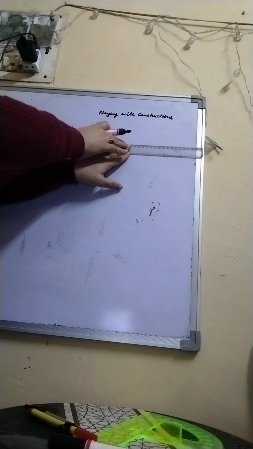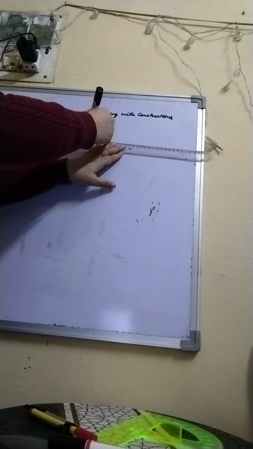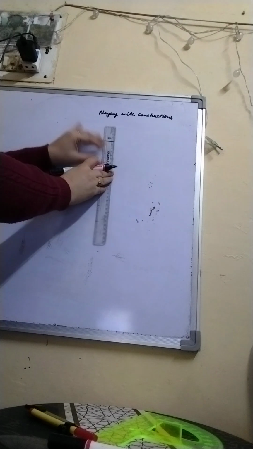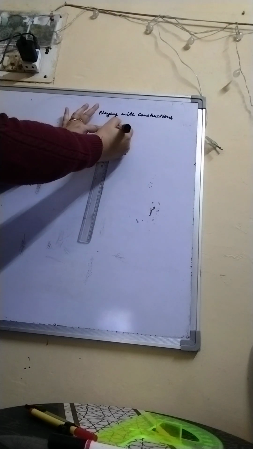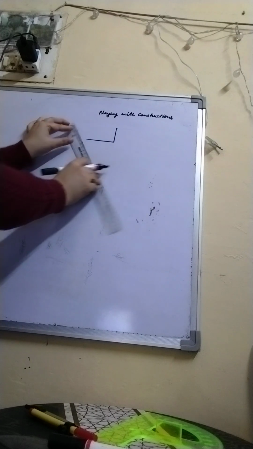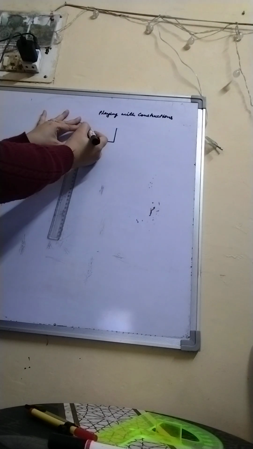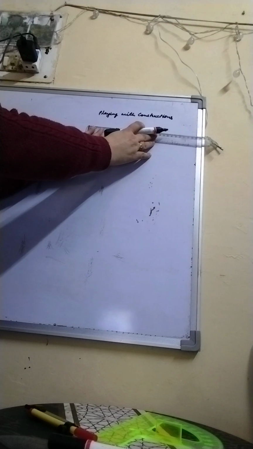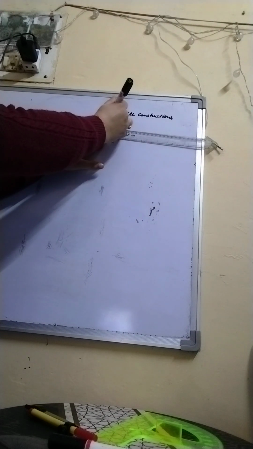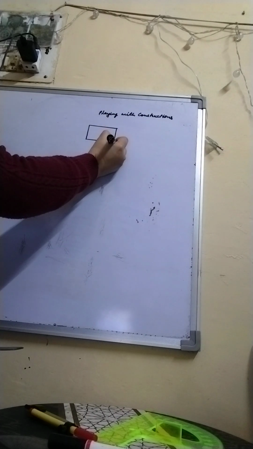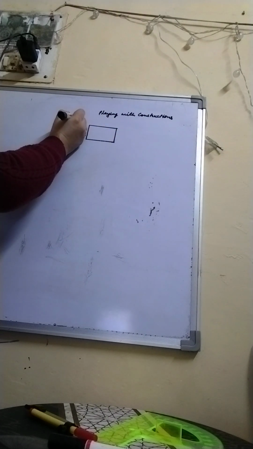Suppose I make a rectangle with length 7 centimeter and breadth 4 centimeter. This is my rectangle. Now what are the diagonals of this rectangle?